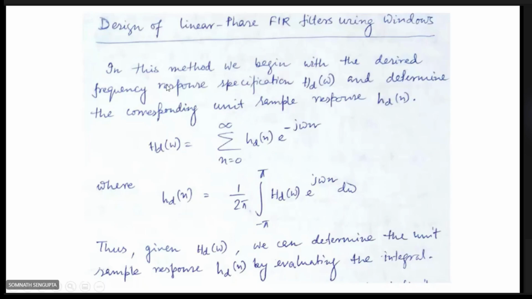You see it is written that in this method we begin with the desired frequency response specification H_d(omega) and determine the corresponding unit sample response h_d(n). Generally H_d(omega) will be given to you, like if you are asked to design one filter with the given characteristics, so that from frequency range 0 to pi this will be the function, another range, this will be the function, another frequency range, this will be the function.